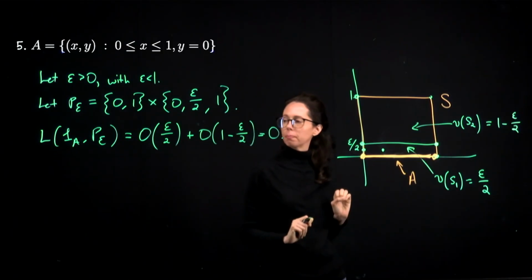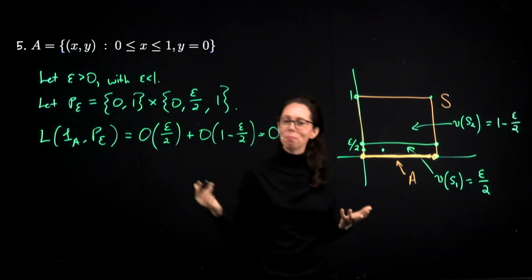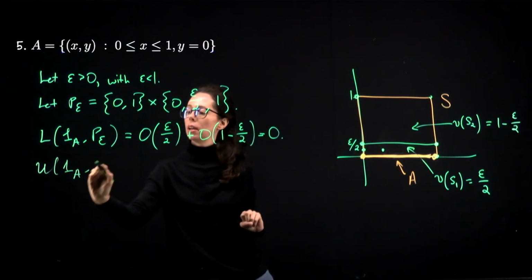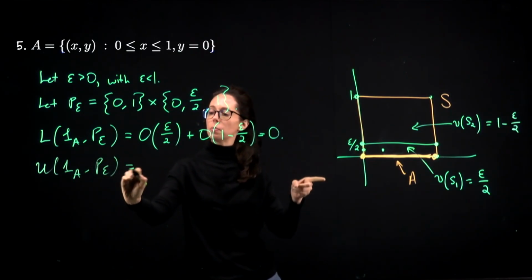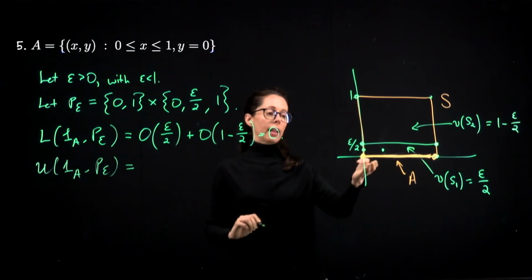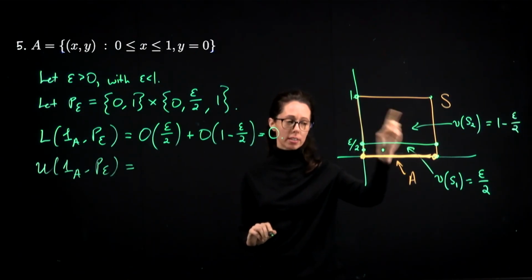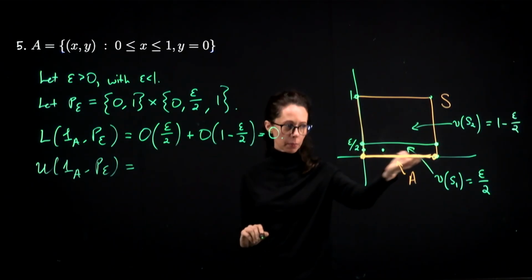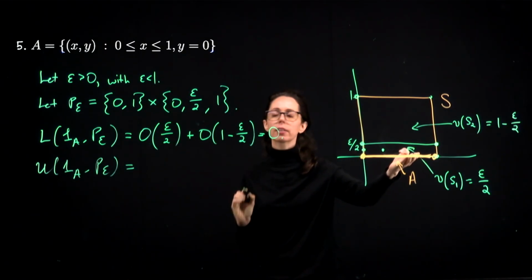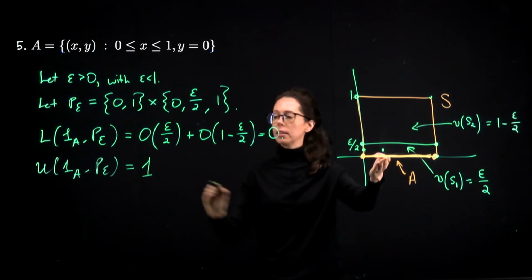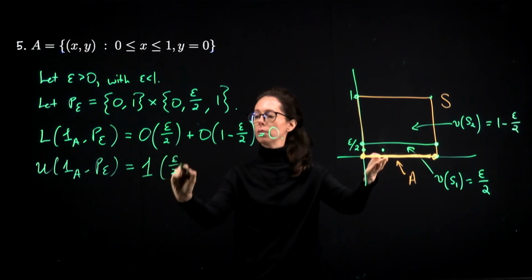Okay. Let's do the upper sum of the characteristic function with respect to this partition. Now, if I look at this first subrectangle, there are plenty of places where the characteristic function is 0, but there are also infinitely many points down here on the x-axis where the characteristic function is 1. So we do attain 1 on the first subrectangle times the width of epsilon over 2.